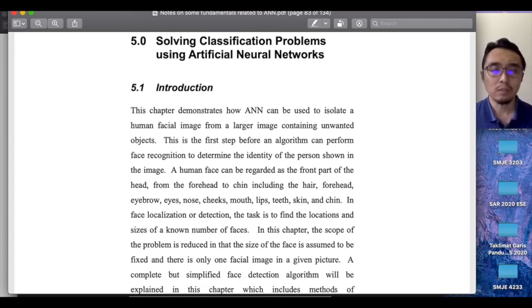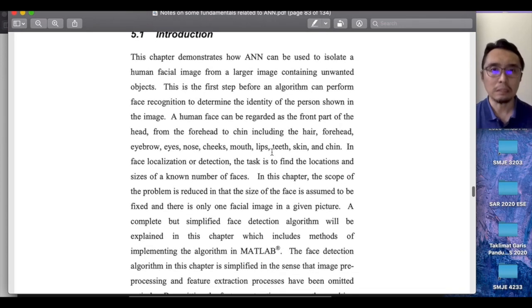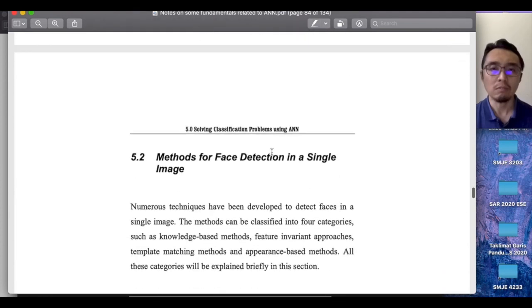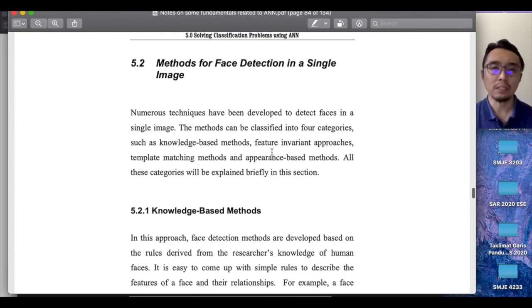So we're going to look at a practical case of using this ANN that we have studied before to recognize images. In the notes, there is one chapter talking about using ANN for face detection.